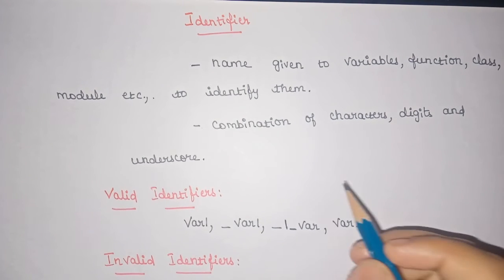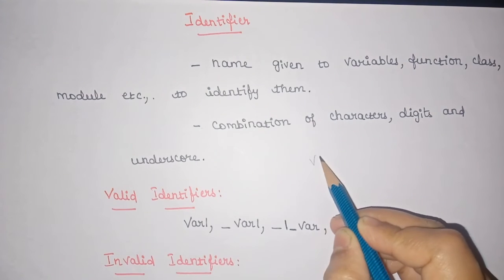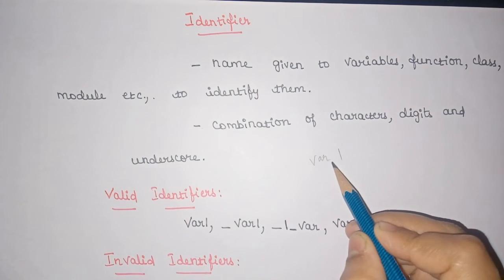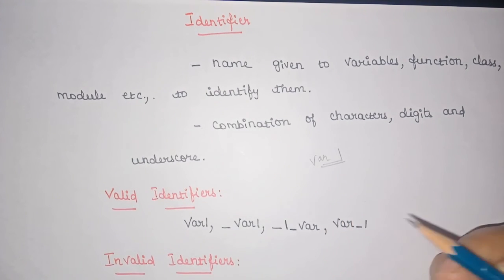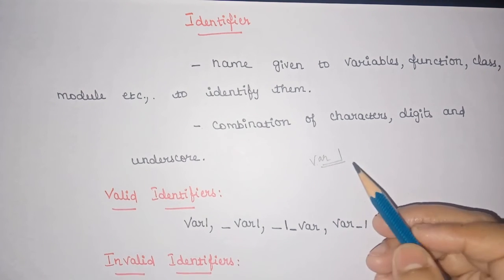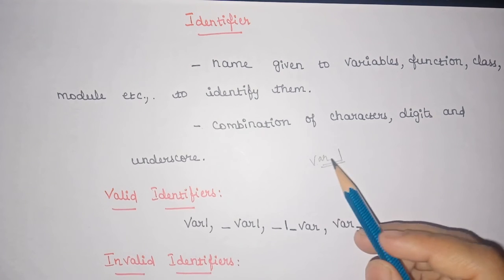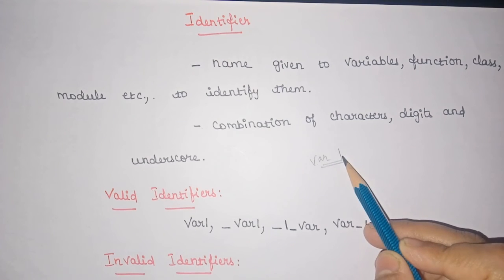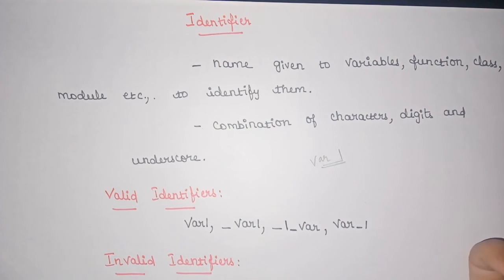If you write a variable name like variable 1 with a space in between, it is not allowed, and you will get an error. There should not be any white spaces in the variable name.